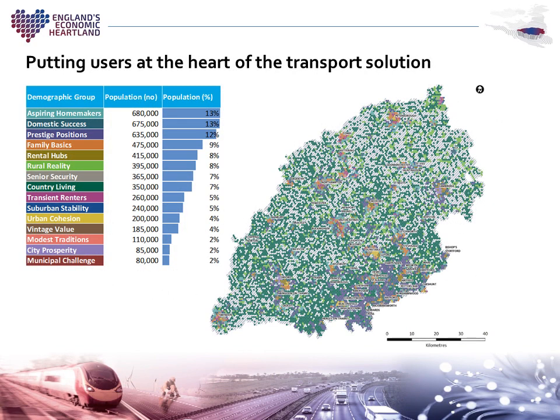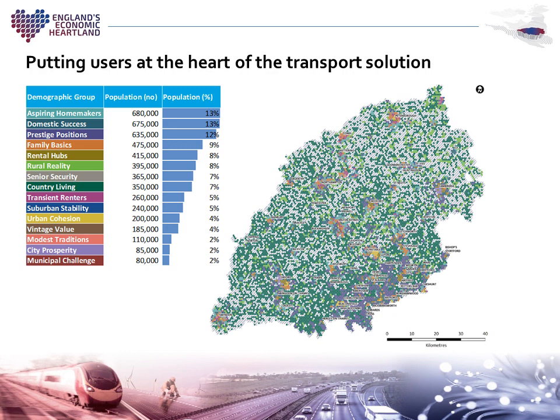One of the key approaches underpinning this transport strategy is a user-based approach. Through our First and Last Mile project, using evidence from the Experian Mosaic dataset, we have developed an understanding of the characteristics of the region's population. This approach is enabling investment solutions to be developed that are bespoke to the needs of the local community and their local connectivity requirements, thereby increasing the likelihood of their success.